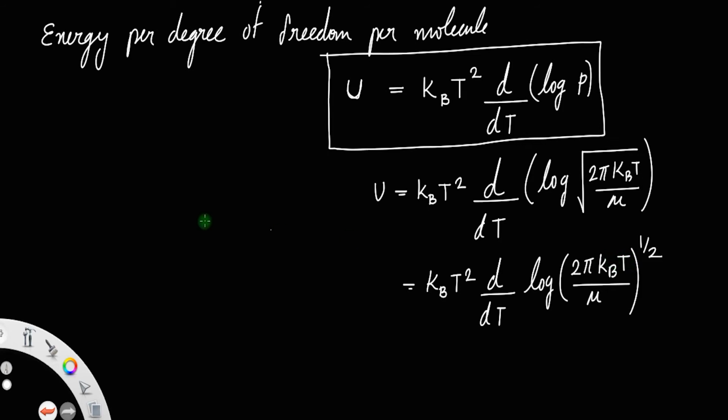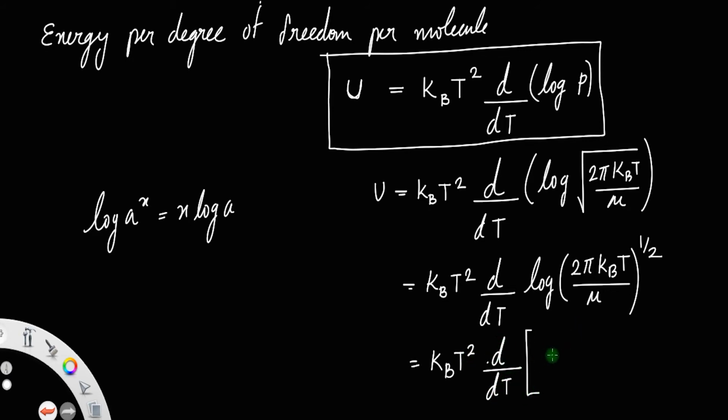So log a raised to x is equal to x log a, and you can use the property in here, so that kB into T square into d by dT of, here 1 by 2 will come here, log of 2 pi kB by mu times T.